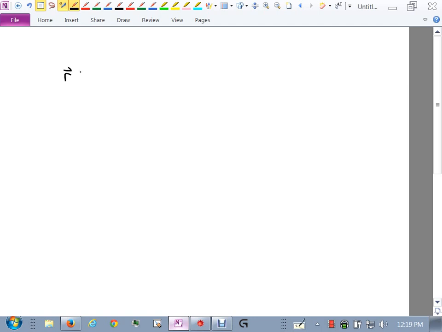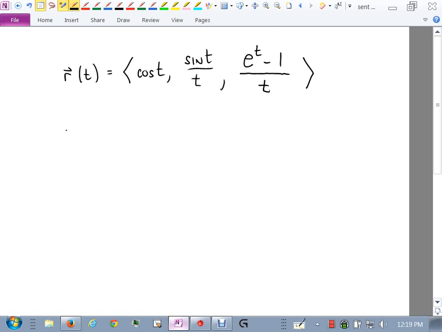So r of t equals cosine t, sine t over t, e to the t minus 1 over t. Is that what it was? Find the limit as t goes to 0 of r of t.